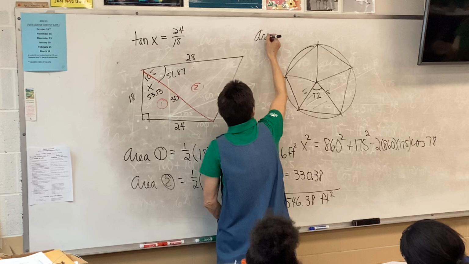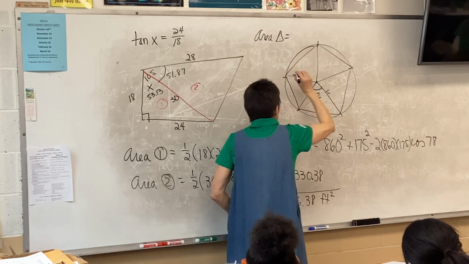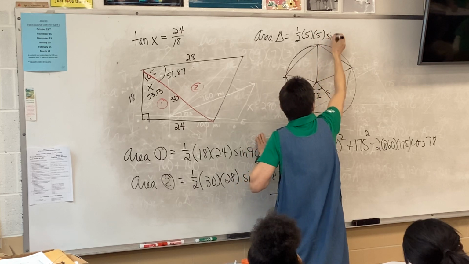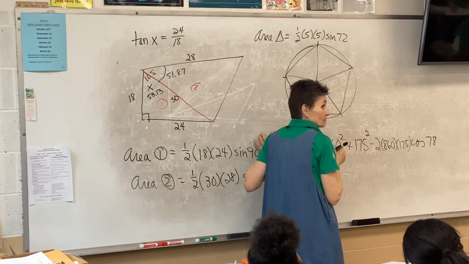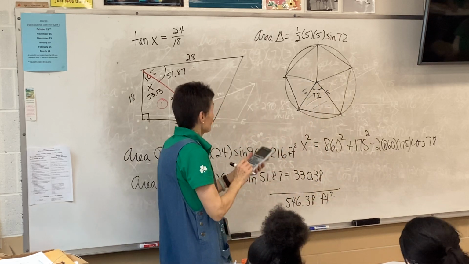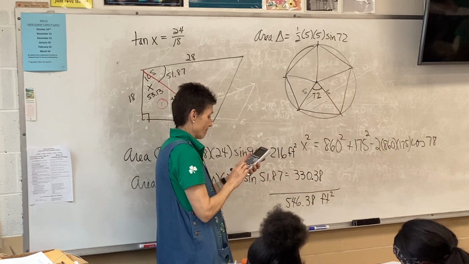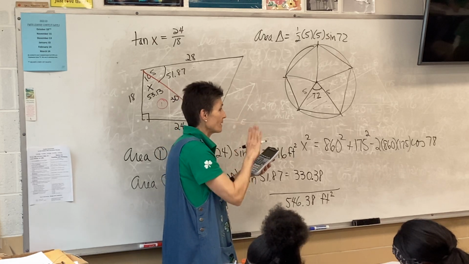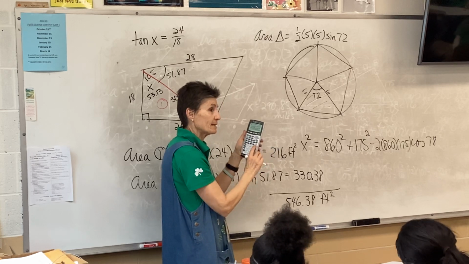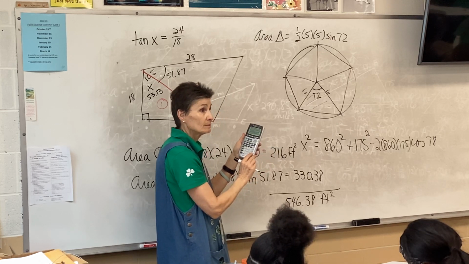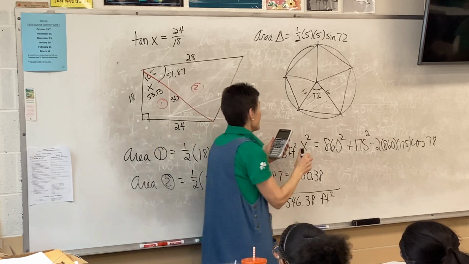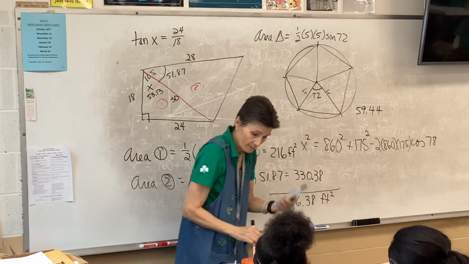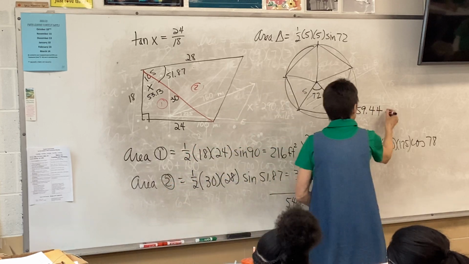So the area of my triangle is 1/2 times 5 times 5 times sine 72. And I'm not gonna write that down because I really don't care about that. I'm just gonna hit times 5. And the area of your pentagon is 59.44 units squared, whatever the unit is.